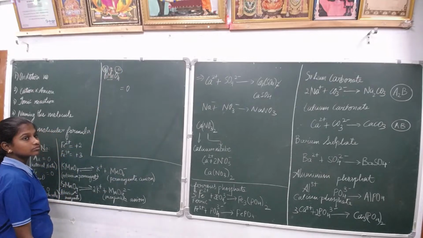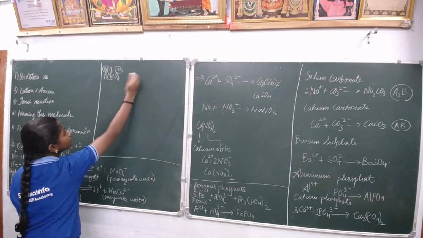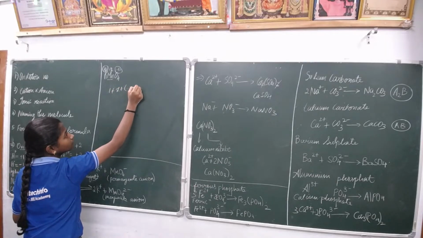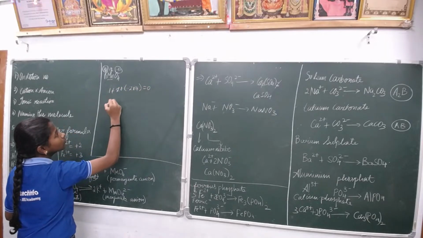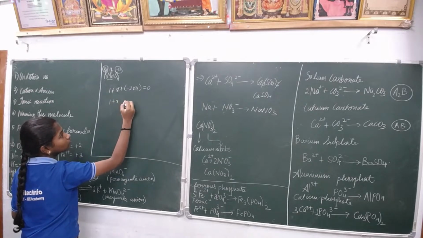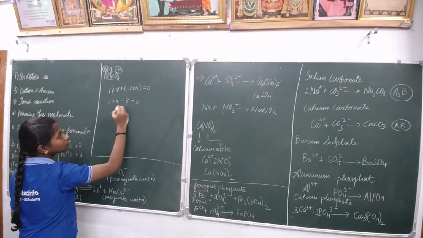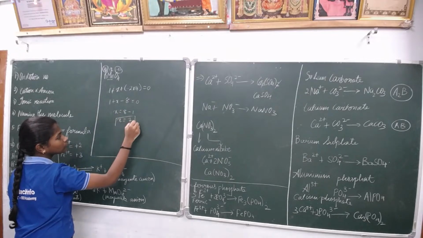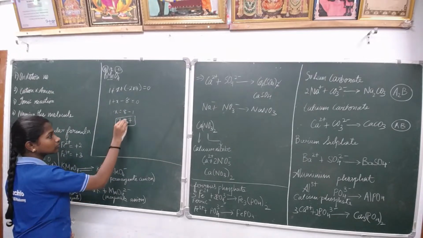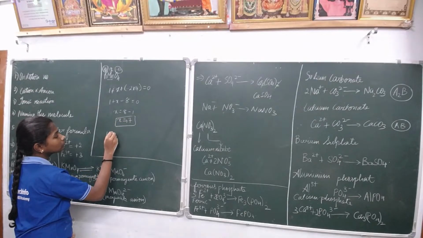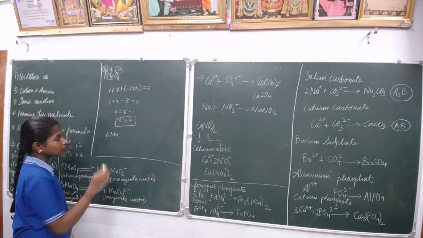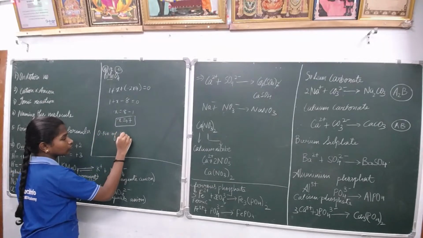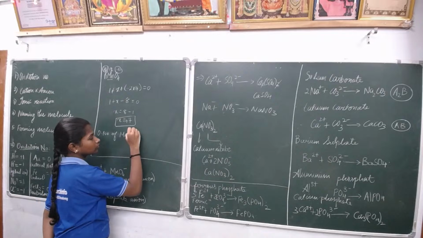Now you can work out: plus 1 plus X plus 4 times minus 2 is equal to 0. So plus 1 plus X minus 8 is equal to 0, X minus 7 is equal to 0, X is equal to plus 7. So you have to write like this: oxidation number of manganese in KMnO4 is plus 7.